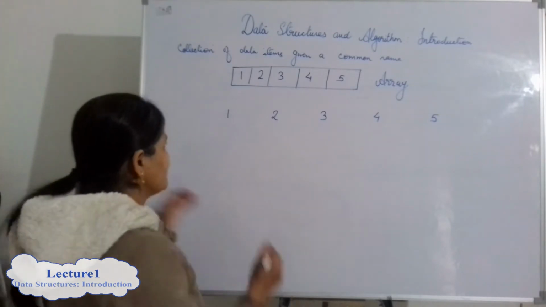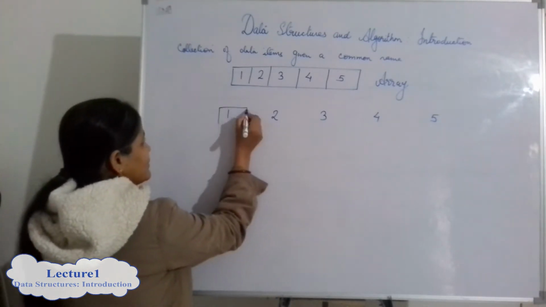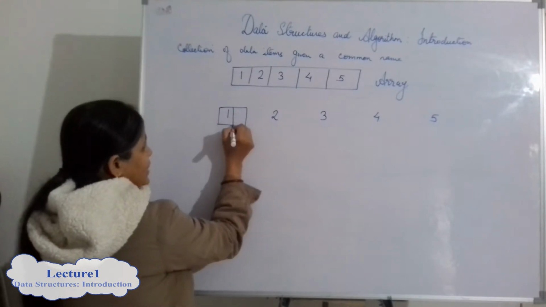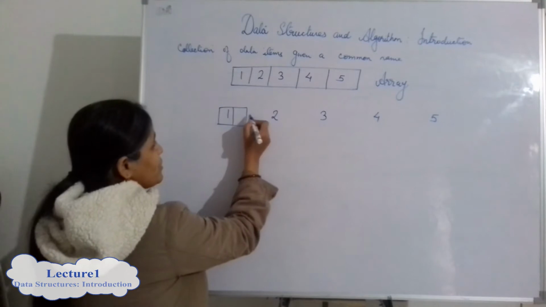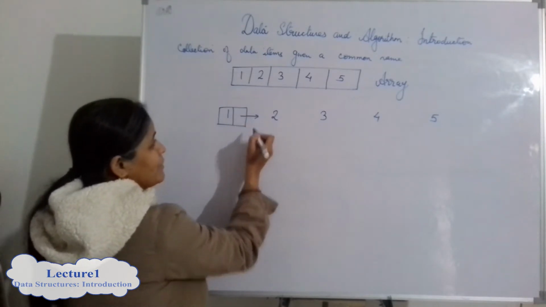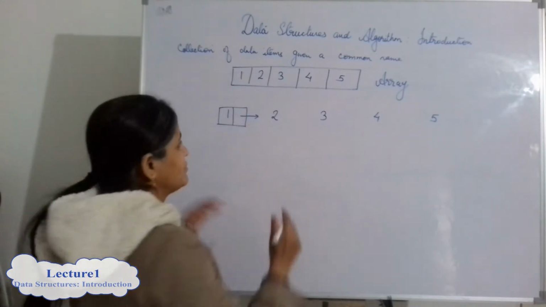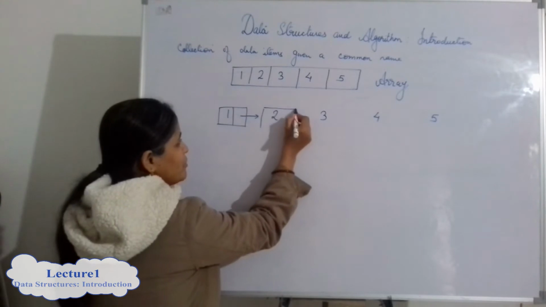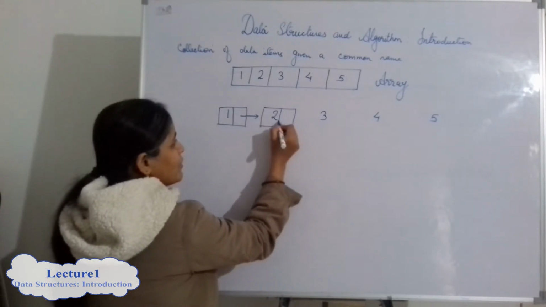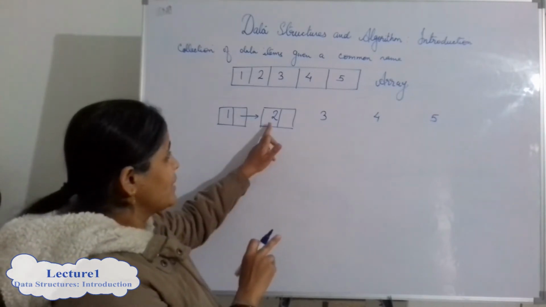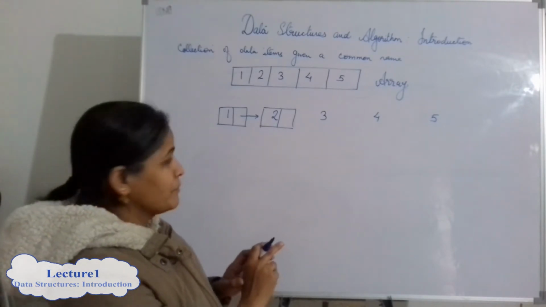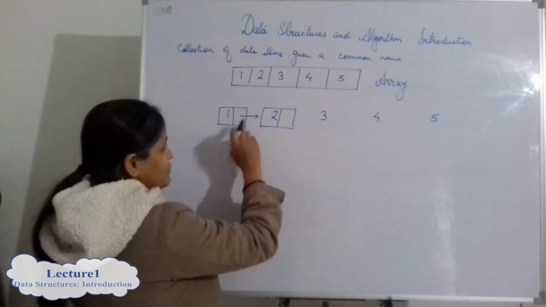See how? 1. Along with this data item, we also want to store the address of second element of the list, that is 2. Okay, this arrow points to the next element, and it is called pointer.